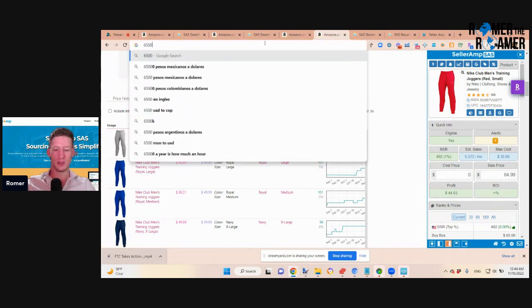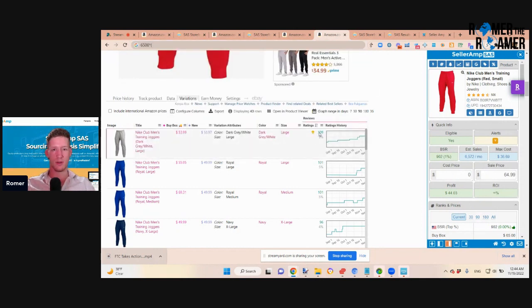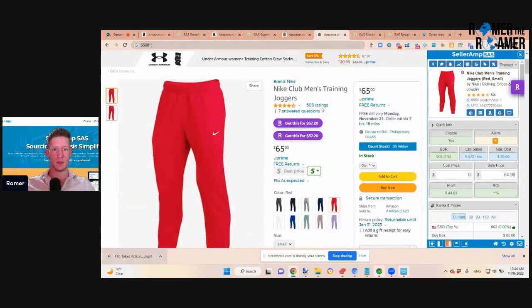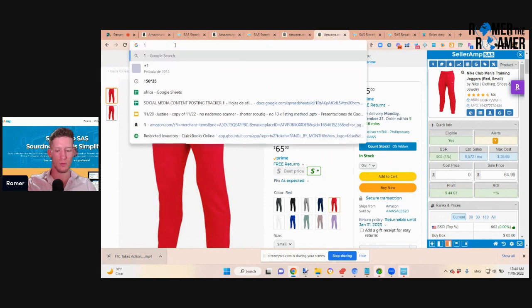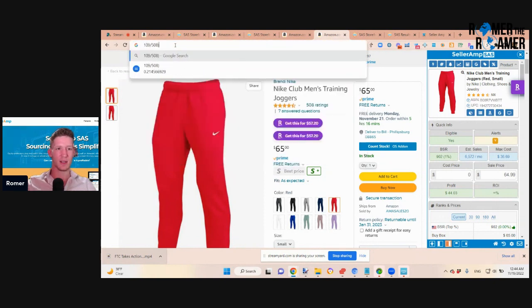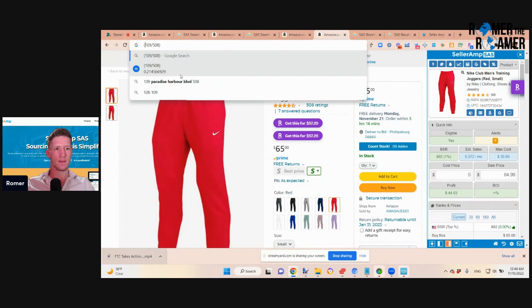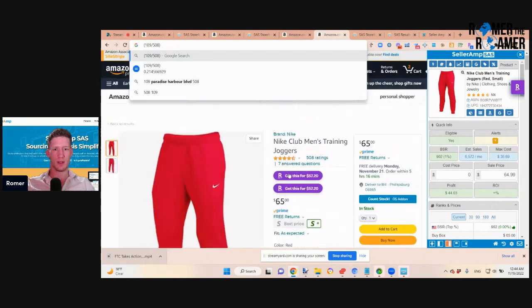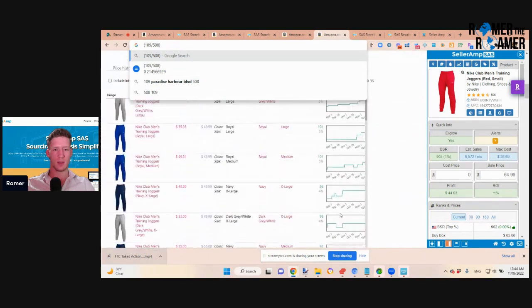You want to be really precise with this, probably overly precise. What you can do is take 109 divided by the total number of reviews, which is 508. So 109 divided by 508. And that's going to give us a percentage, 21%. Is that right? Why is it coming up so high? Something fishy.